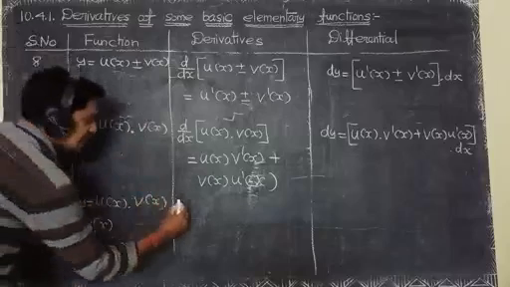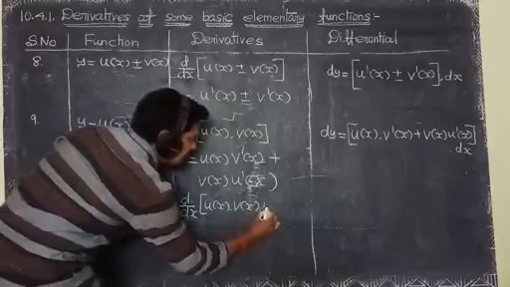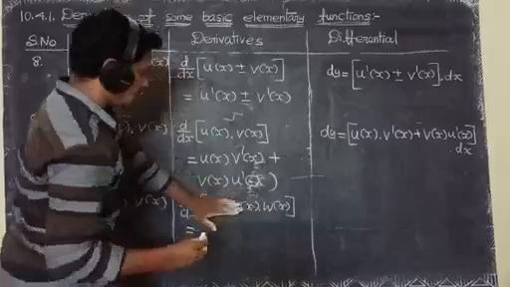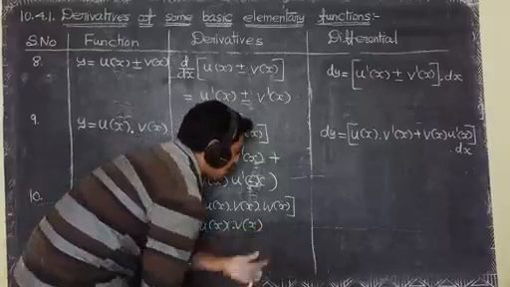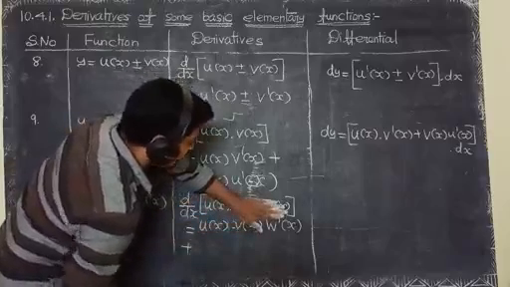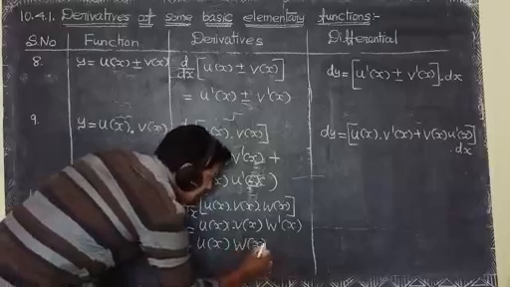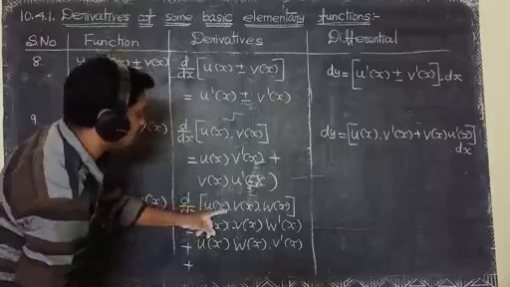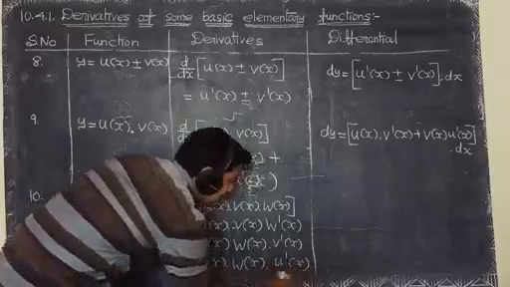Here d by dx of u of x into v of x into w of x is equal to: hide two functions, u of x, v of x, into w dash of x, plus hide the last two functions, differentiate u: w of x into v dash of x plus, hiding the last two functions, differentiate u, that is v of x into w of x into u dash of x.